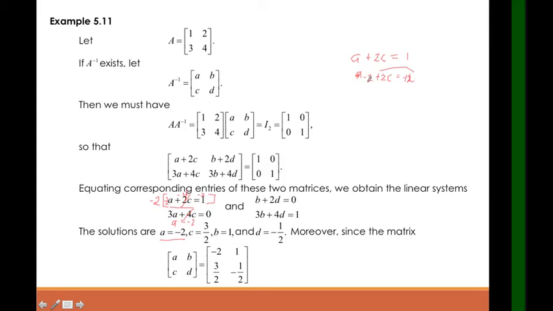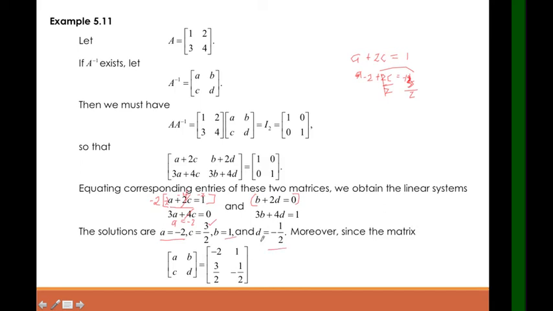Magiging positive 2. I'm sorry, positive 3 na siya pala. And then divide by 2. So we have 3 over 2. Correct. And for B, same thing lang yung gagawin natin. We need to do the elimination method to cancel and so on as we get B and negative 1 half.